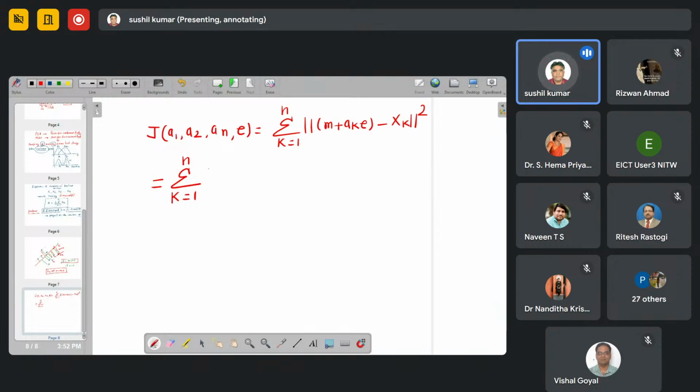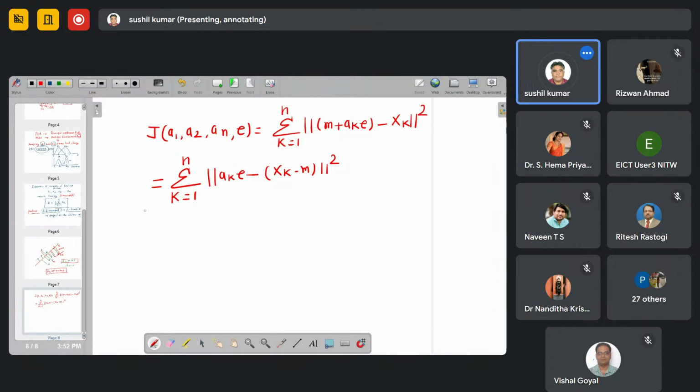What should be the purpose in this case? The purpose is to minimize this error: (a_k e minus (x_k minus m)) whole square. I didn't do anything extra here. I took a_k e minus (x_k minus m), and that is also positive, so this is the error in this case.